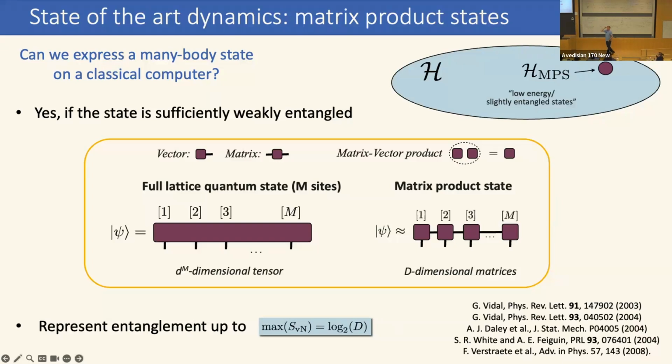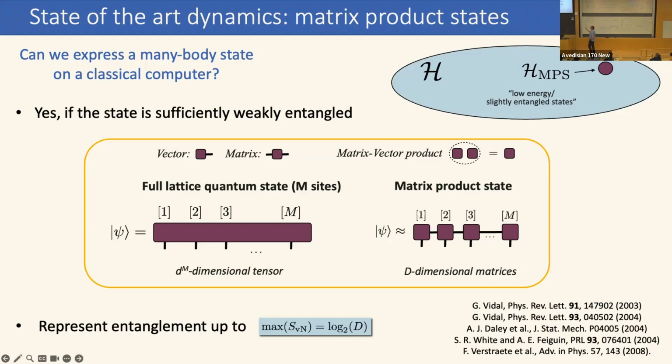In fact, there was beautiful work by Norbert Schuch and Ignacio Cirac and a few other people in about 2008 that showed that the sufficient condition for representation as a matrix product state relies on a Rényi entropy of order 0, which is really interesting. But this is the necessary condition. So there's a sufficient condition in terms of Rényi entropies, but what you can certainly say is if the von Neumann entropy that you're trying to represent is too large, then you are not going to be able to represent this with a matrix product state.